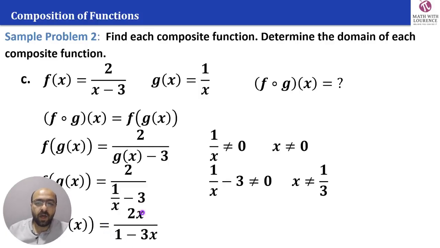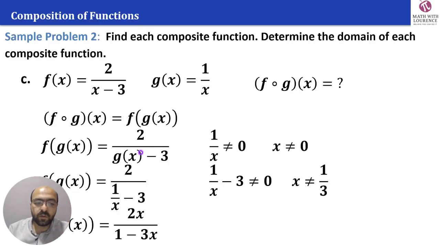Now, you have to determine the domain. Look, when you want to determine the domain in a fraction, you find it directly before you simplify. Be careful. When you determine the domain for a composite function, you find it directly after the first step, not after simplifying, because when you simplify, everything will change.